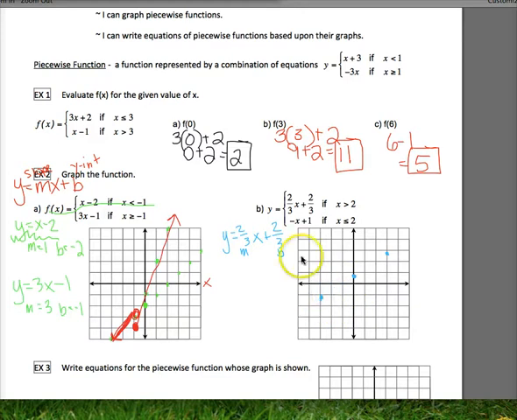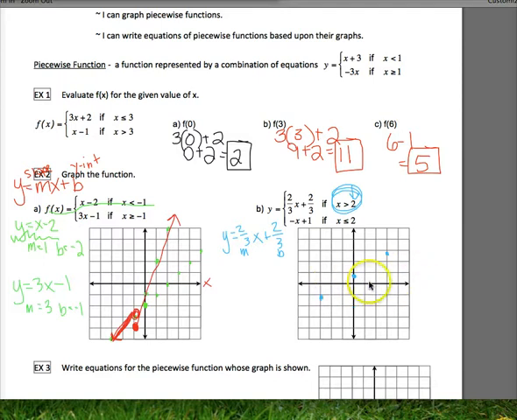Now, if that's all we were doing was graphing that line, I would connect the dots here. I'm not connecting the dots because this is piecewise. I only want the part of the function where x is greater than 2. So 2 is my breaking point. I need to find where x is 2 on this number line.